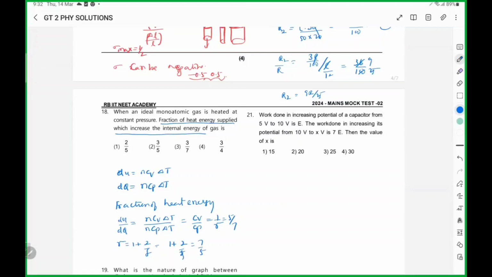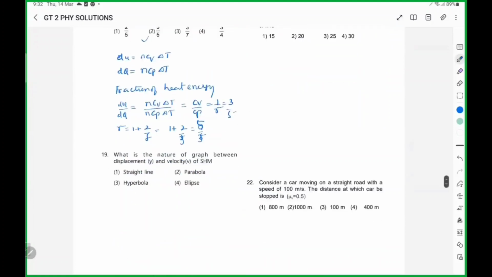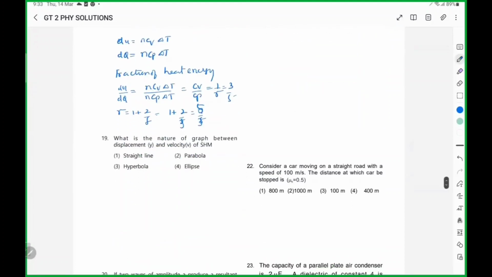Sorry, it is monatomic, so gamma is 5 by 3. 1 by gamma will be 3 by 5.